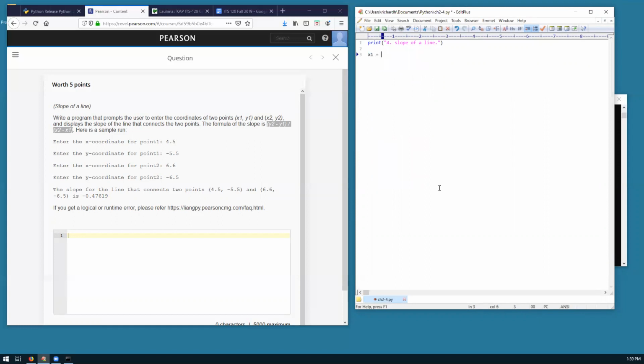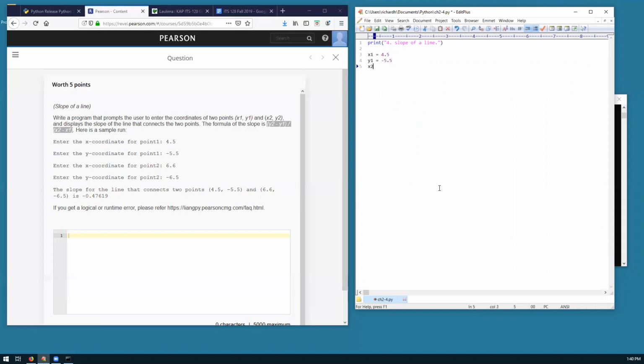X1 equals 4.5. Y1, sorry, Y1 equals minus 5.5.